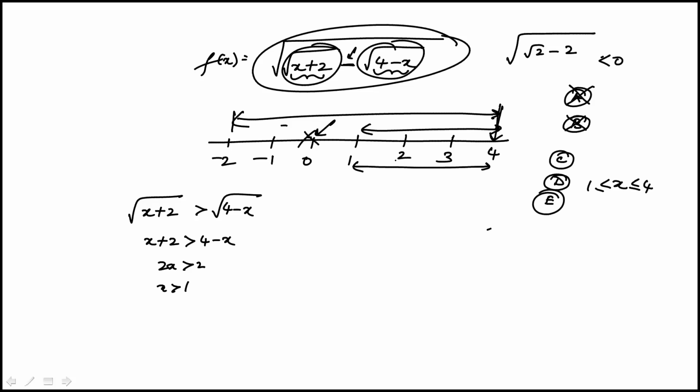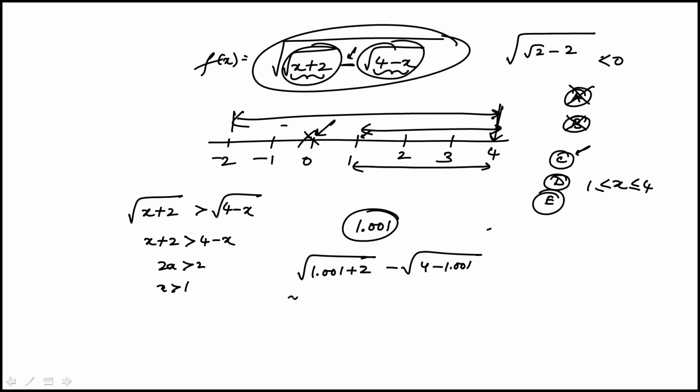And if you're still thinking, is the domain even narrower than that, we can try some values here. For example, if x is 1.001, and again, I'm not going to do the actual computation, but we just need approximately √(1.001 plus 2) minus √(4 minus 1.001).